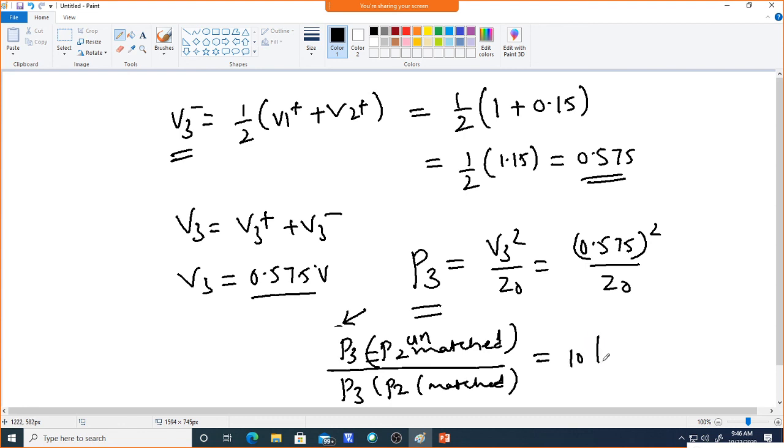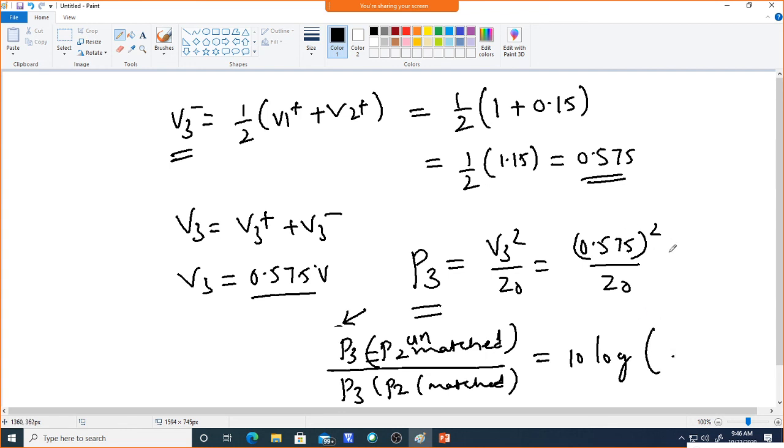So 10 log of, what is the P3 when port 2 is unmatched? So this is the port 2 which is unmatched, is it not? What is the value? Which we have found out earlier, that is for the matched case.